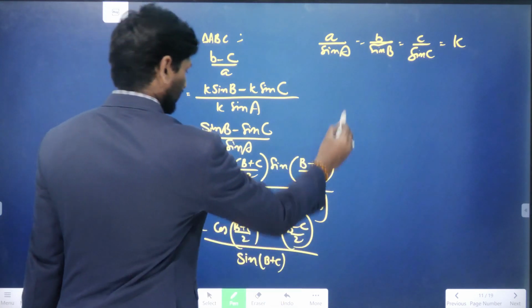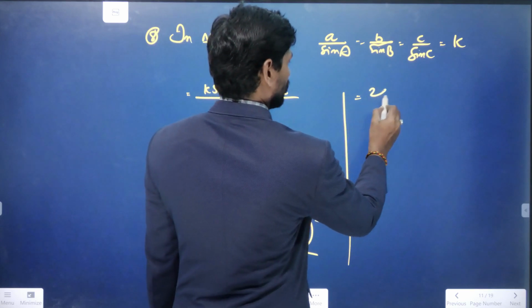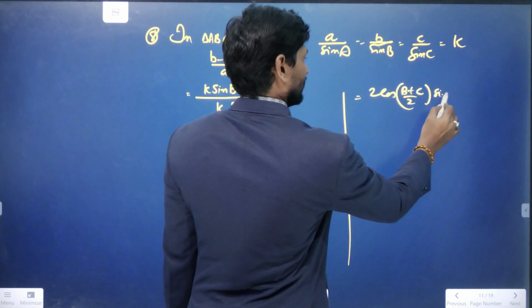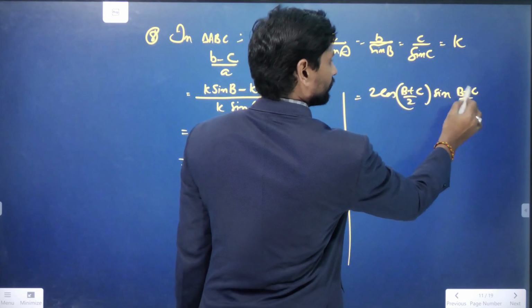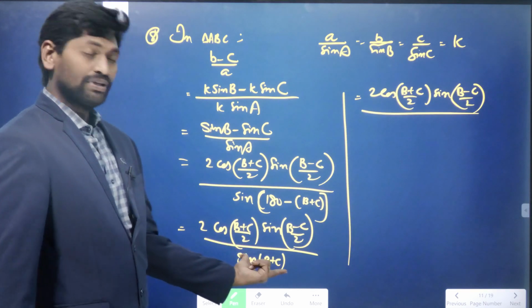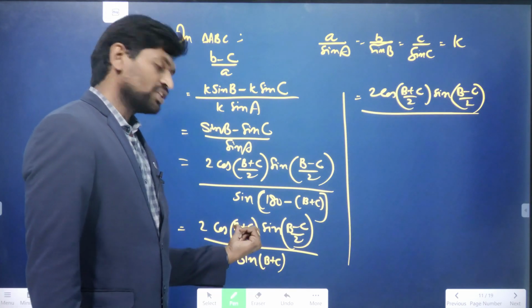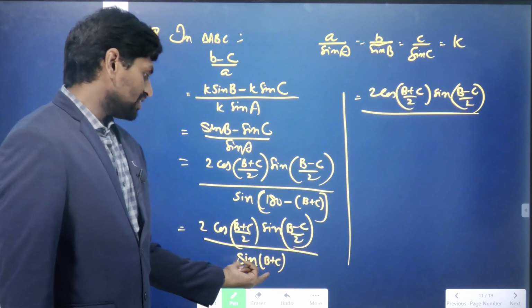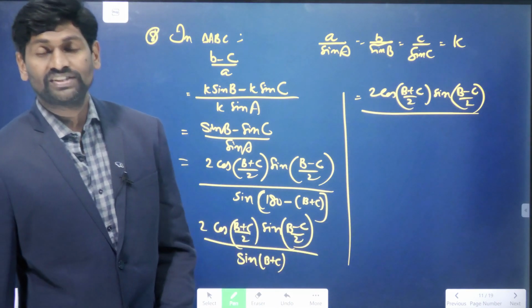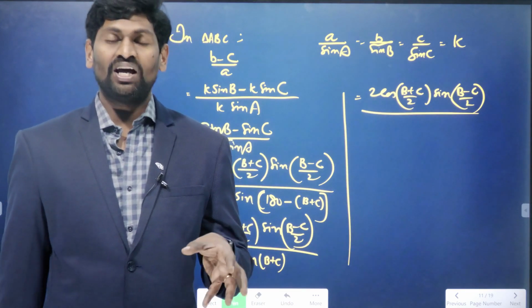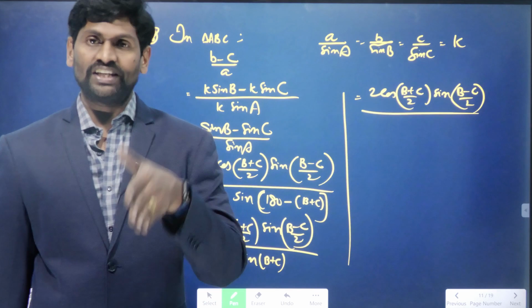Now I am applying the same condition here. I am writing 2 cos (B plus C by 2) sin (B minus C by 2) divided by sine (B plus C). Here the numerators are in the form of B plus C by 2 and B minus C by 2. If you take the sine 2 theta formula, sine 2 theta is 2 sine theta cos theta. Or sine A is 2 sine A by 2 cos A by 2.